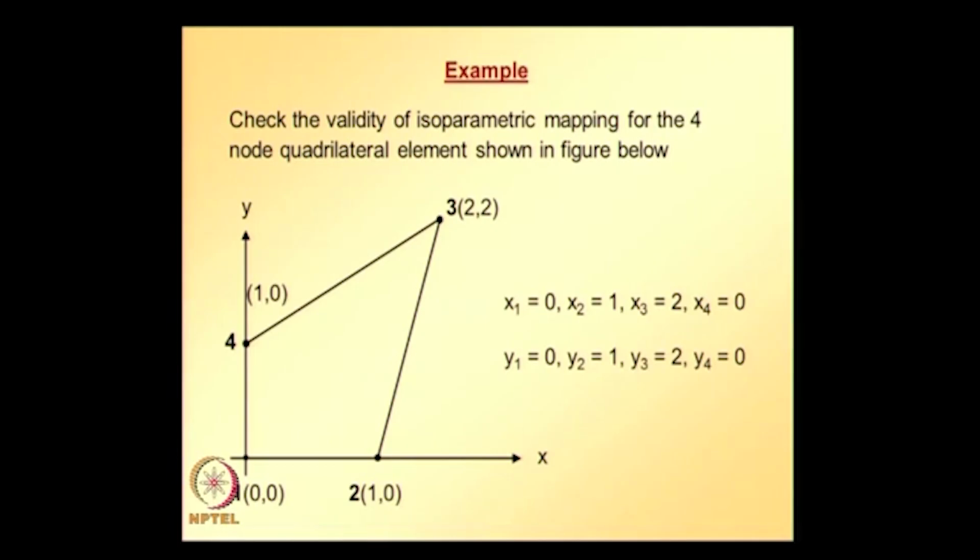And before we proceed with writing the expressions for mapping, we need to know what are the shape functions for a 4 node parent element in terms of s and t.